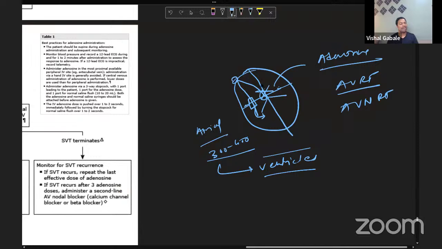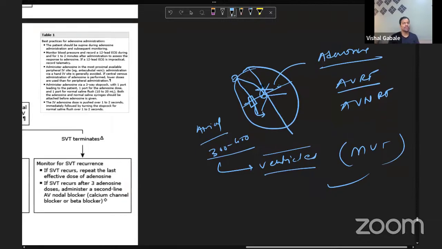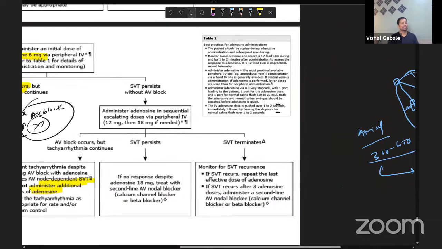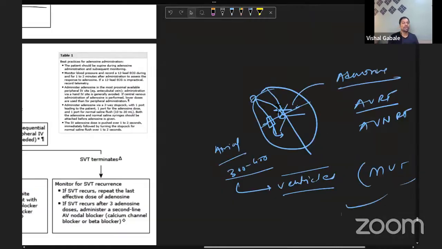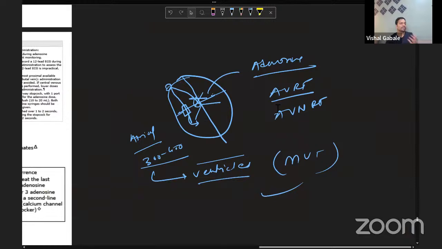Ventricular tachycardia, malignant ventricular tachycardia for that matter, and the patient will die on the table. Okay, or in the ER itself. That's why never give adenosine in a patient where tachycardia is persistent even after giving adenosine. Got it? That means it's because of the accessory pathway. And how do we treat this patient? We treat it either with flecainide, and most importantly by catheter ablation. I hope it is clear.